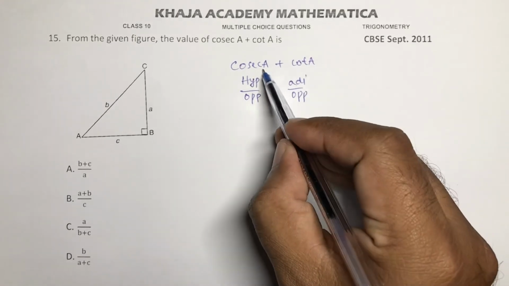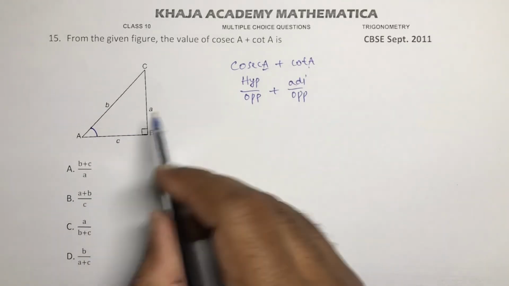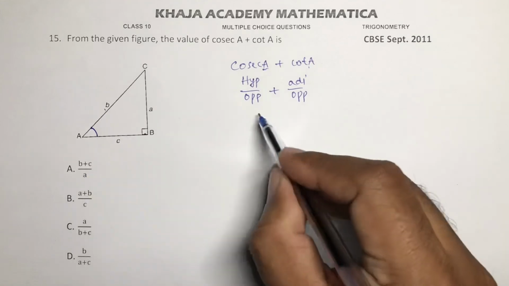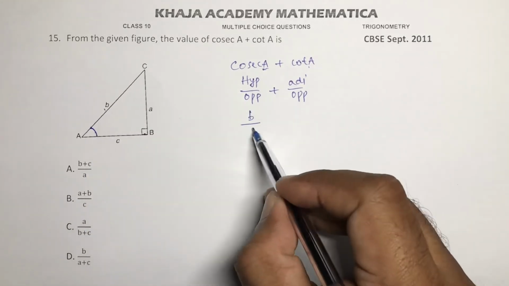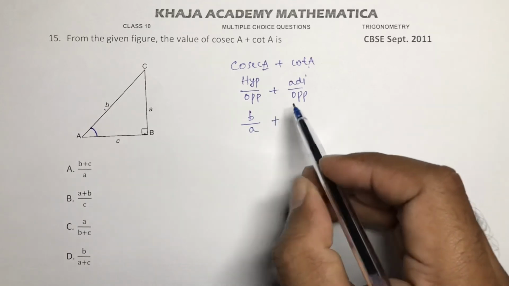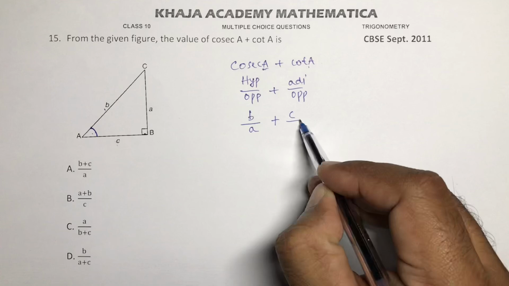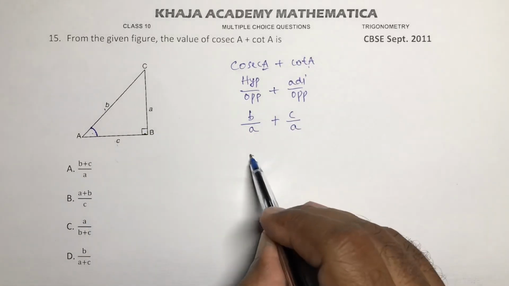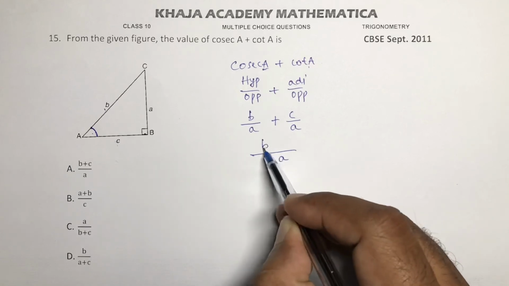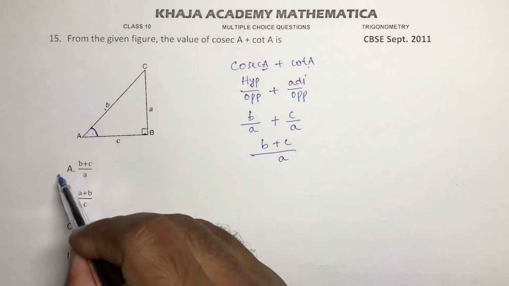The angle is at A. The hypotenuse is opposite to 90 degrees, so the hypotenuse is B, and for A the opposite side is A. Adjacent for angle A is C. So if we take the LCM, it is B plus C by A. Cosec A plus cot A value is B plus C by A. So the correct option is A.